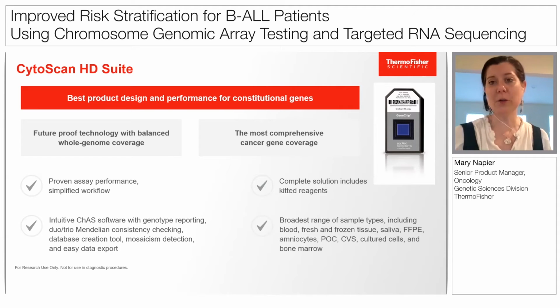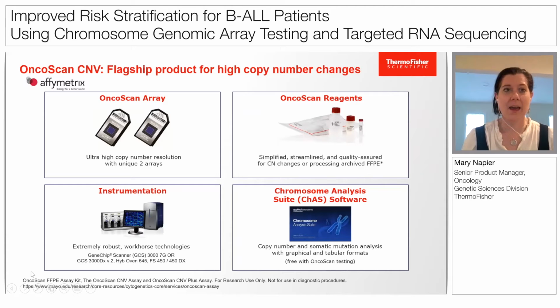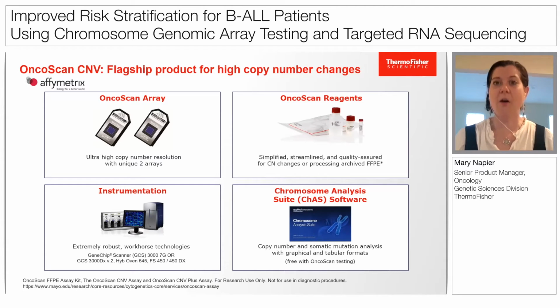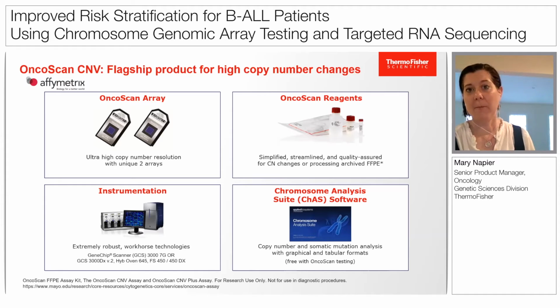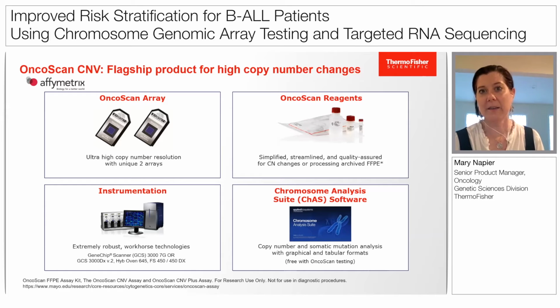Dr. Fang also uses another product, which is called OncoScan. And OncoScan CNV has been around for several years. Many investigators use it, and it's kind of our flagship product for high copy number changes. It's a dual array workflow, and it can give you ultra high copy number resolution.